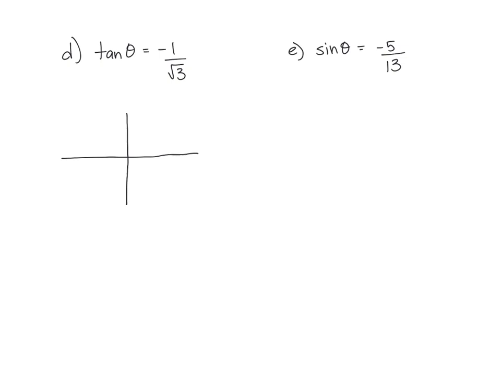I know that tan is negative, so that means I have to have opposite signs for my top and bottom. So if I move to the right, that's going to be positive, so I would have to move to the right and down, or to the left and up.